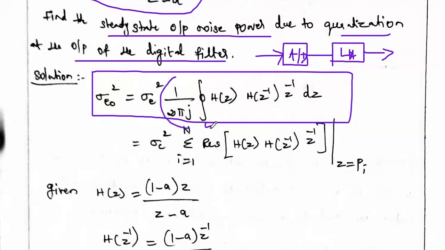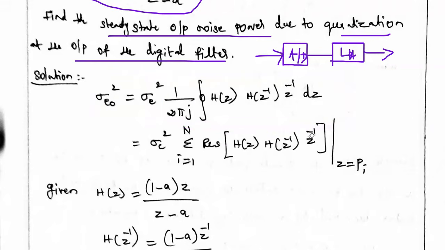Except for this sigma e squared, the 1 by 2 pi j integration is calculated using the residue theorem. It is calculated using the formula: summation i equal to 1 to n of the residue of H of z, H of z inverse, into z inverse at z is equal to p i, where p i are the poles inside the unit circle, that is, poles with magnitude less than 1.